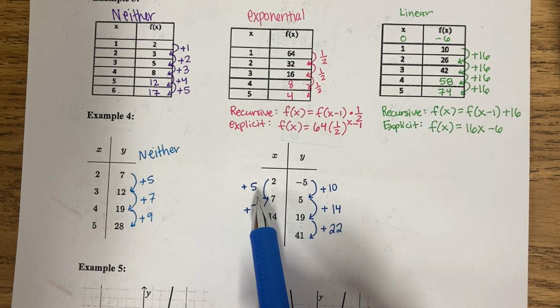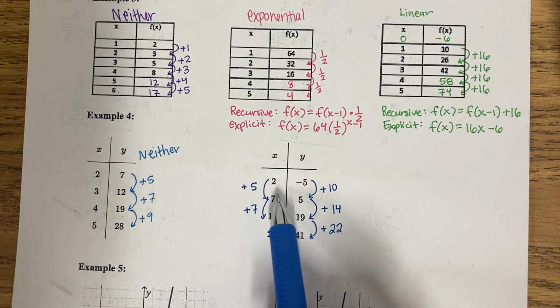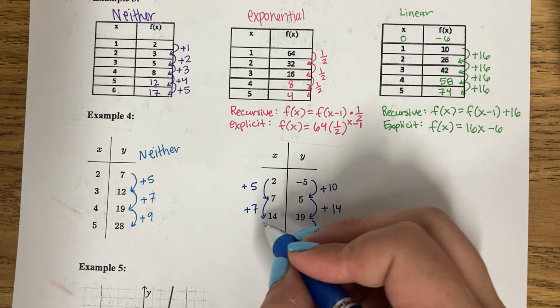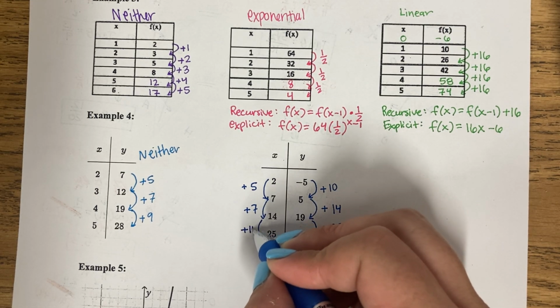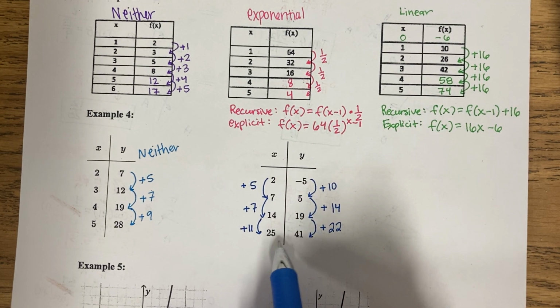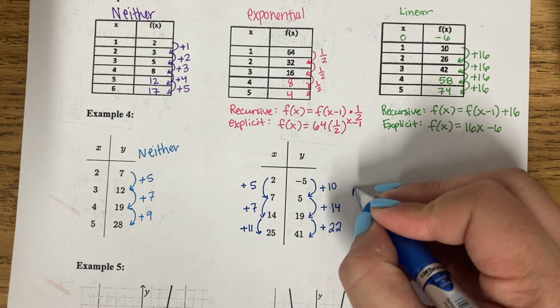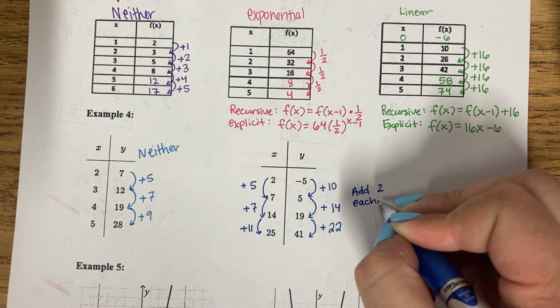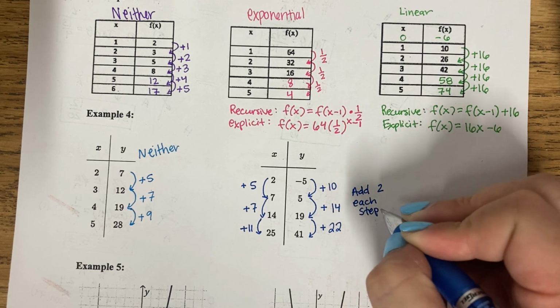That means that, let's see, 10 divided by 5, that would make a 2. So that's adding 2 each step. 14 divided by 7 is adding 2 each step. And 22 divided by 11, that's adding 2 each step. So add 2 each step.